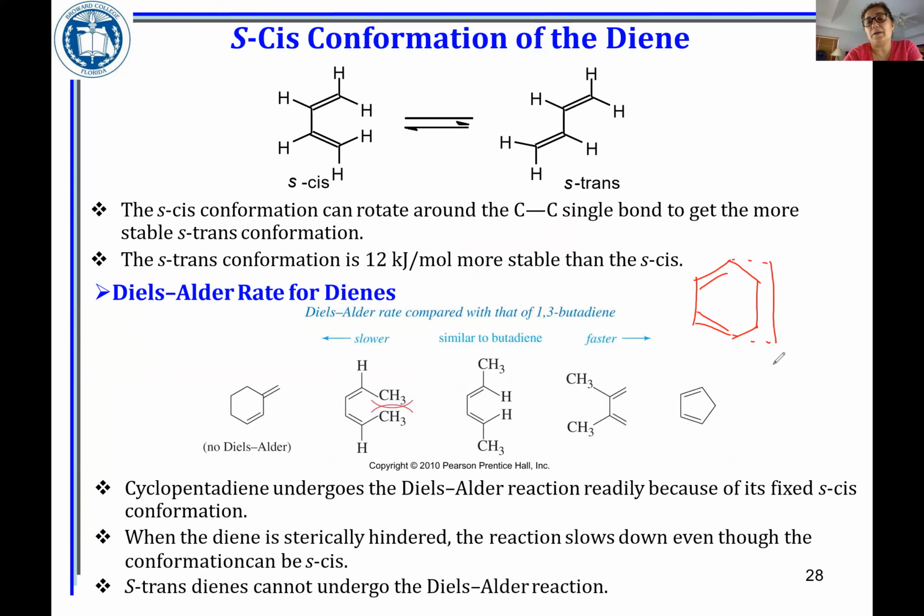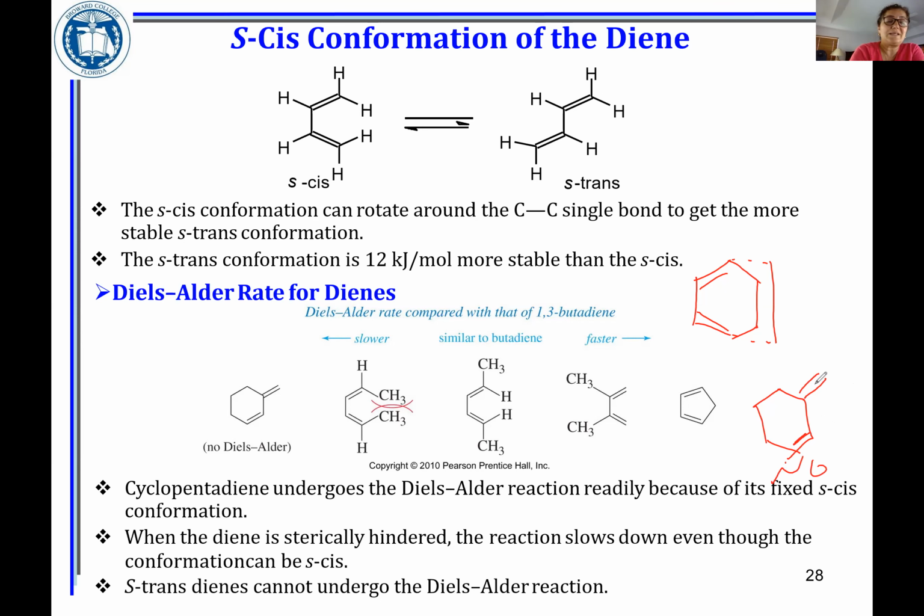But if you have a hexadiene like this, where one of the pi bonds is outside of the ring and the other one inside the ring, and there is no possibility of single bond rotation, then this is not going to go through as a diene. So this cannot go through Diels-Alder, no.